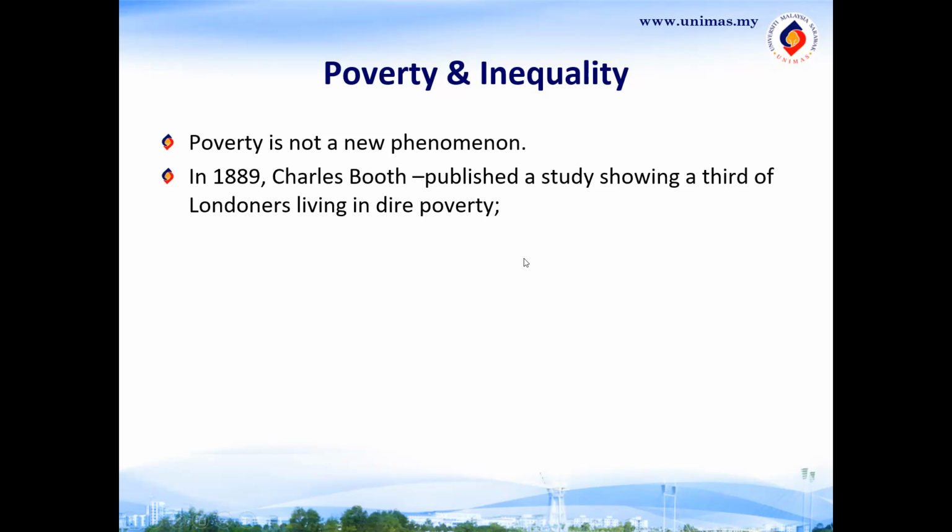So, for example, in 1889, Booth ataupun Charles Booth, he published a study which showed a third of Londoners, orang yang tinggal di bandaraya London, were living in dire poverty. So that was berapa tahun tu? Just more than 100 years ago lah.